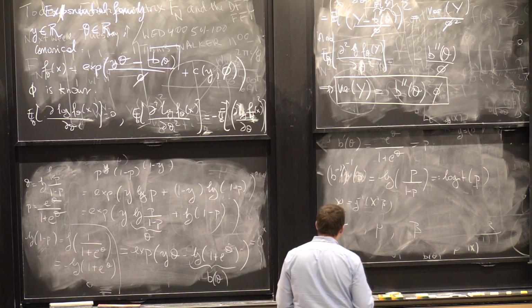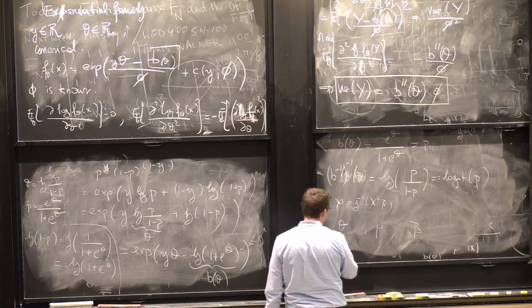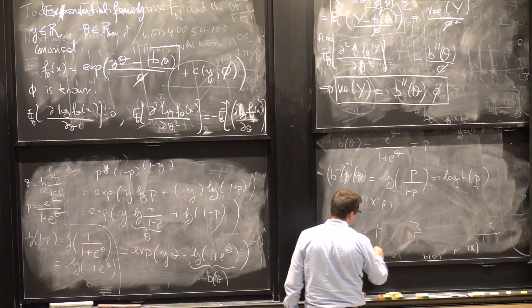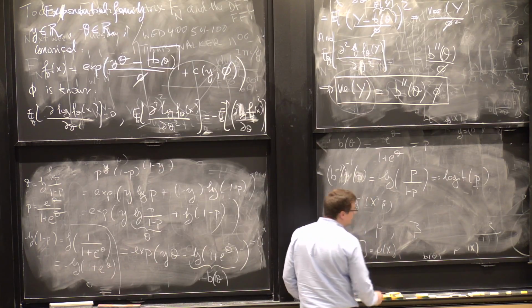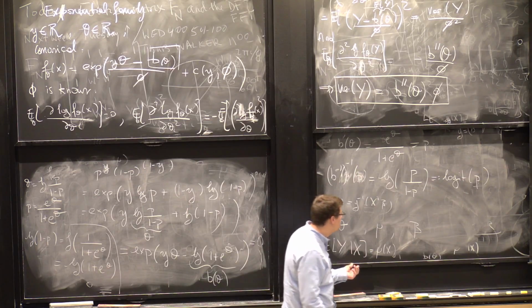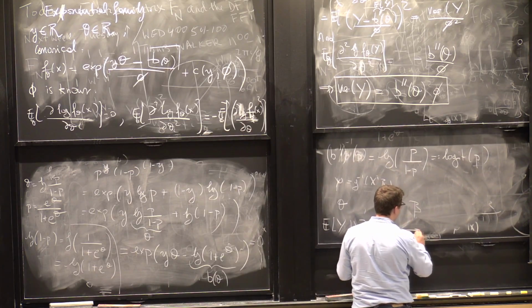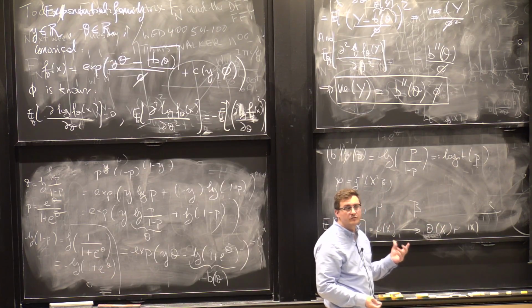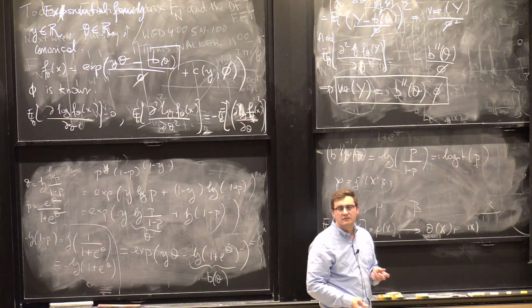What we said is that the expectation of y given x is mu of x. So if I estimate mu, I know the conditional expectation of y given x, which definitely gives me theta of x, right? How do I go from mu of x to theta of x?